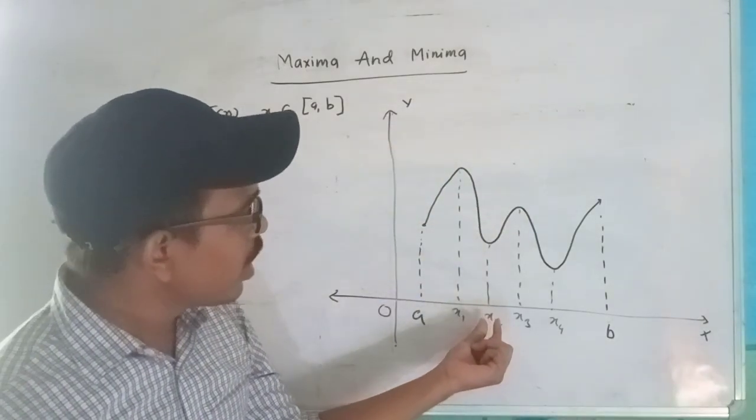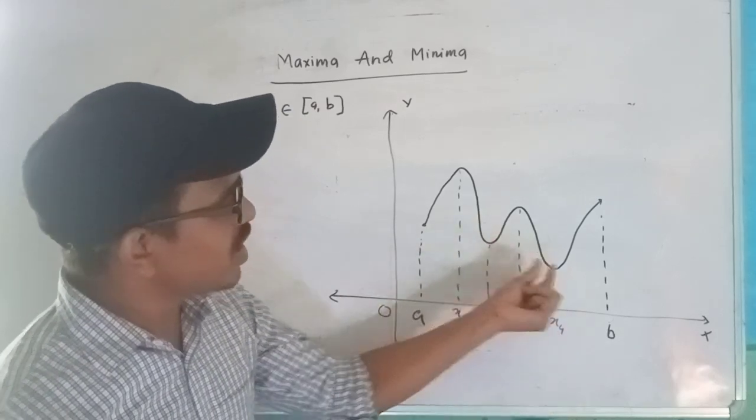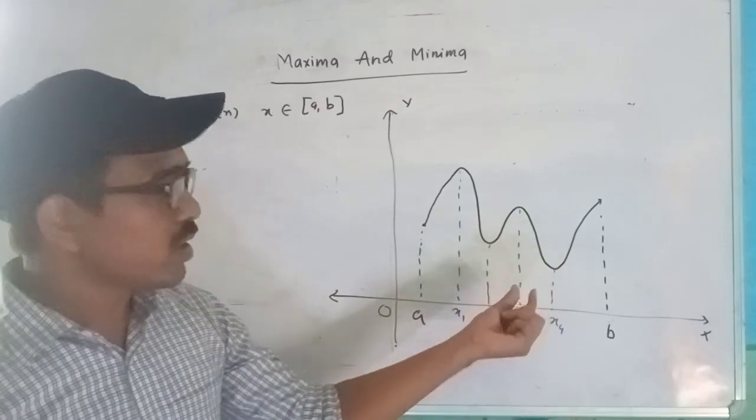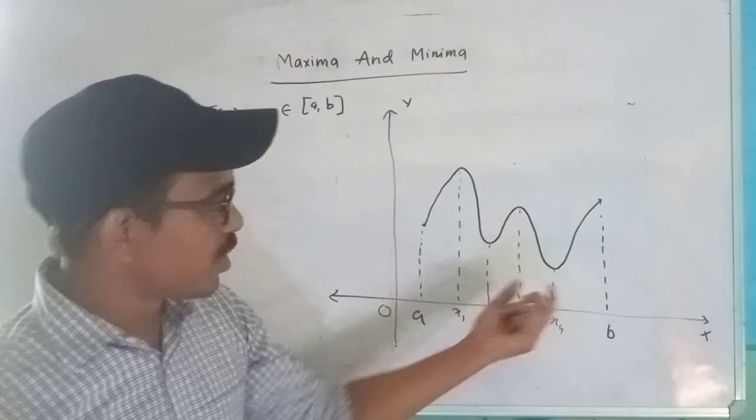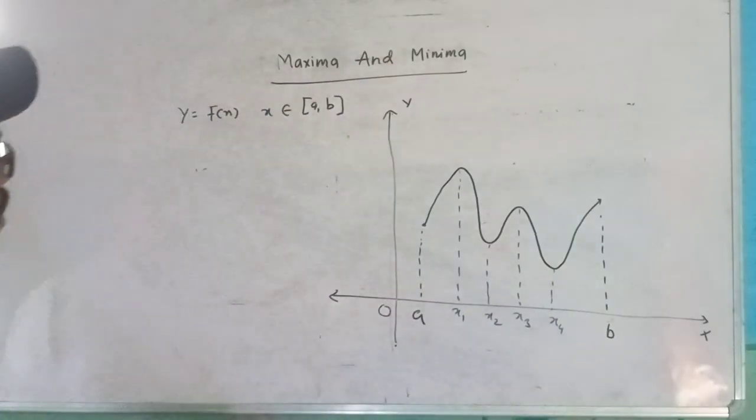Similarly, at points x2 and x4, the graph is attaining a minimum value in its neighborhood, right?